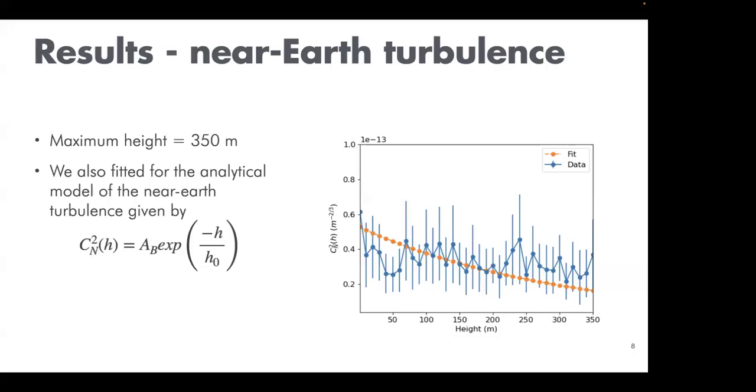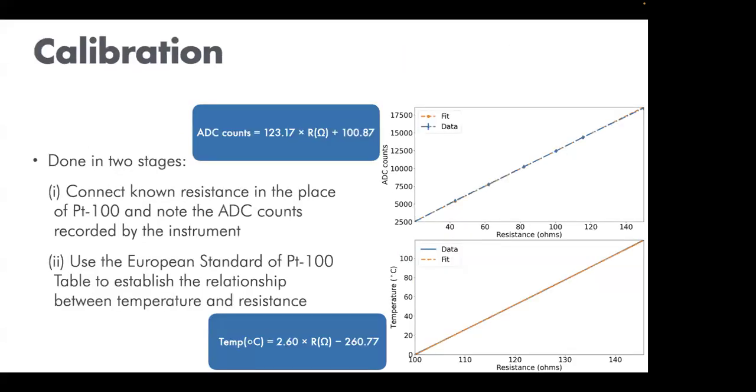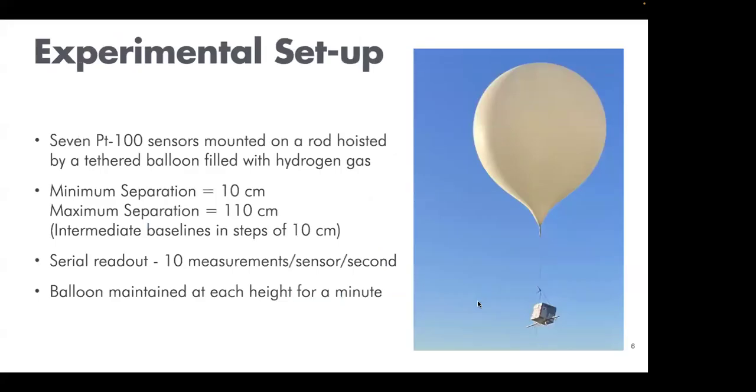May I know the error source? One thing is that we went with a serial readout because we wanted it to be easier for calibration. Ideally, it's better if you do it in parallel. So there's a time difference between the data recorded by the different sensors, so you're not measuring the difference in fluctuations at one instant of time. That's one potential source of error.